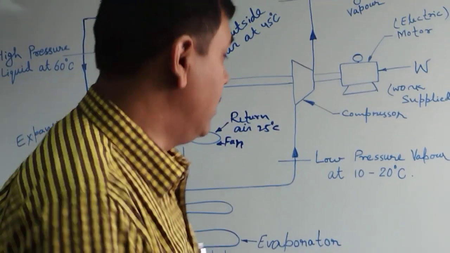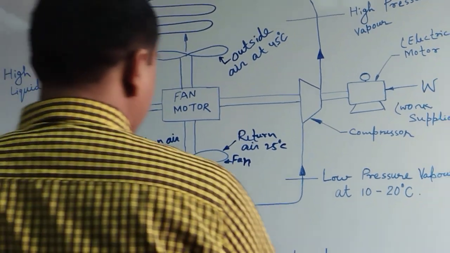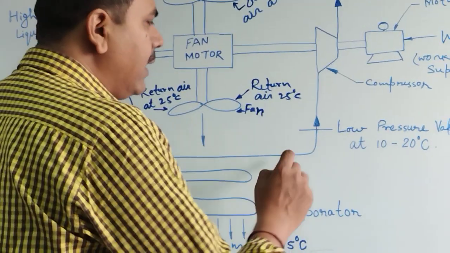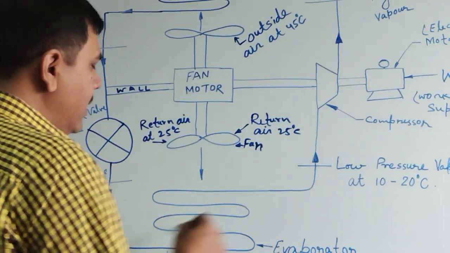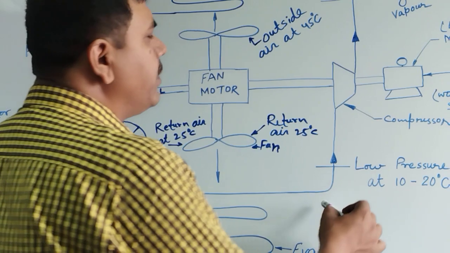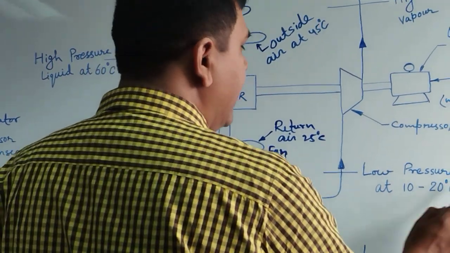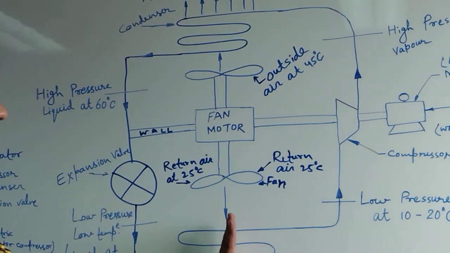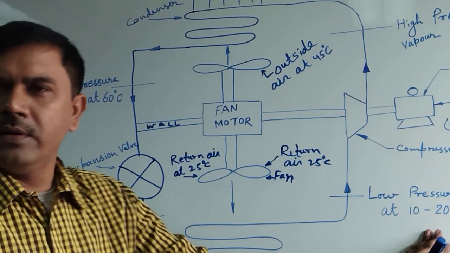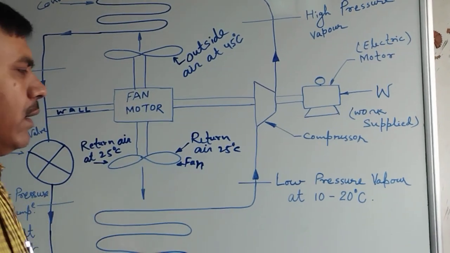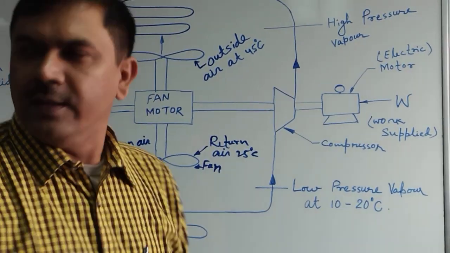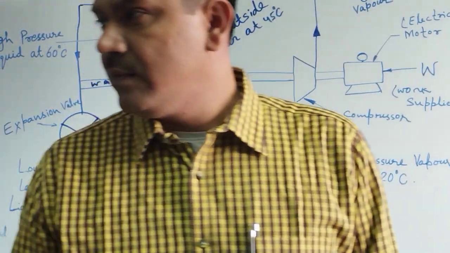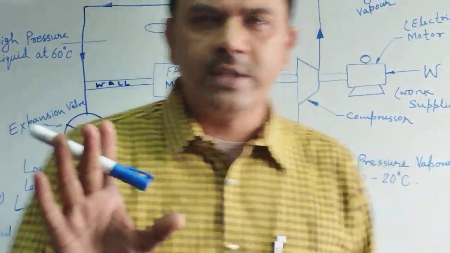Now, in the evaporator portion, when it receives the heat through the tubes, it goes to the low pressure vapor at 10 to 20 degrees Celsius, because some heat is received, therefore its temperature is somewhat higher. But it is in the vapor stage, not the liquid stage.